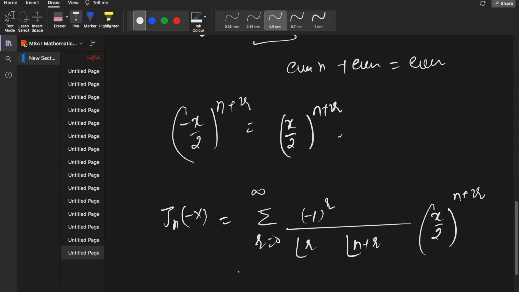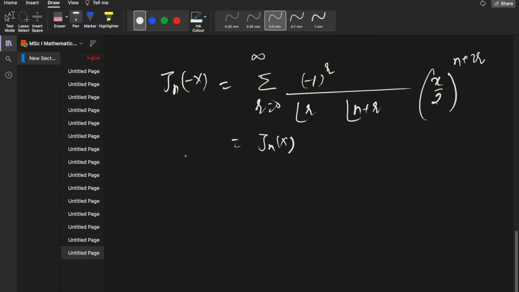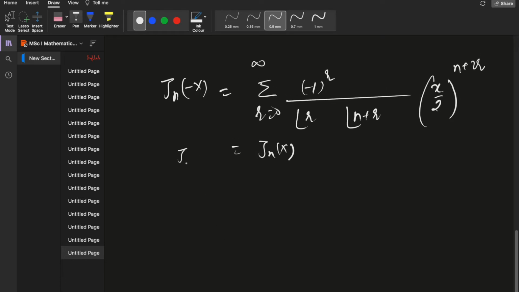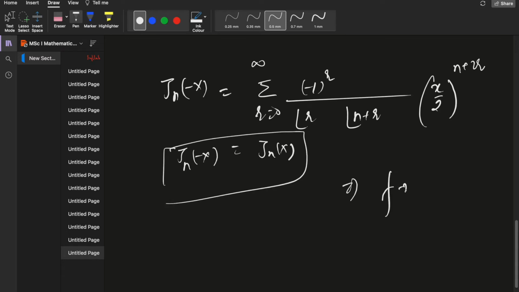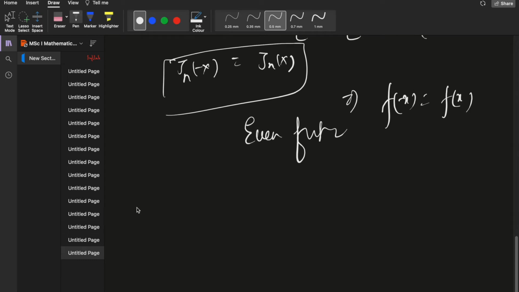Good, so this is nothing but Jn(x). So Jn(-x) gives me Jn(x), which satisfies f(-x) equals f(x). So this is an even function. Hence we can say Jn(x) is an even function.